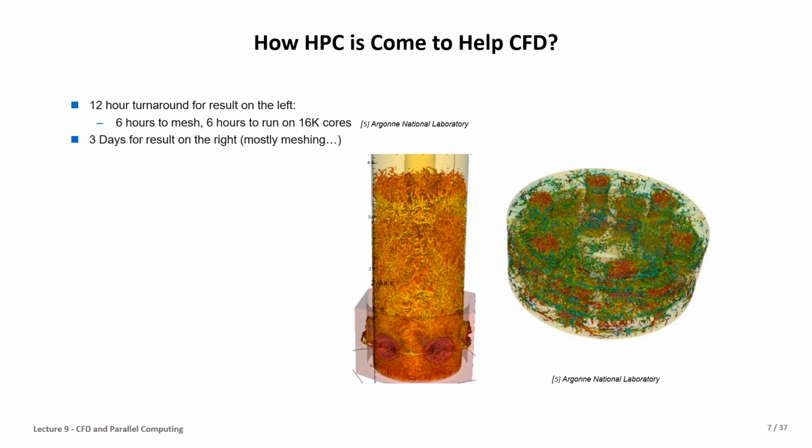Now let's look at some more examples of how we can increase the efficiency, or sometimes why we have to use LES instead of RANS or DNS, and where without high performance computing we cannot reach the solution.